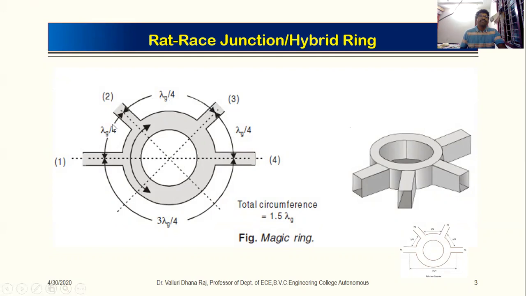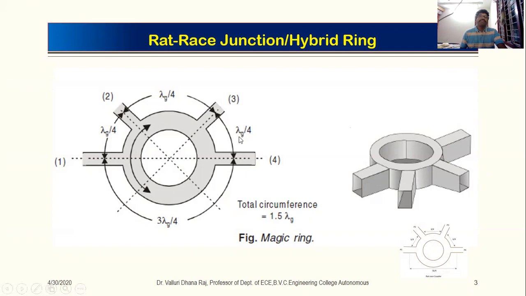and we can measure the path differences in the clockwise direction as well as in the anti-clockwise direction. So the path difference between port 1 and port 2 is lambda g by 4, where lambda g is the guide wavelength, and in the anti-clockwise direction, ports 1 and 2 are separated by 3 lambda g by 4, lambda g by 4, and lambda g by 4.